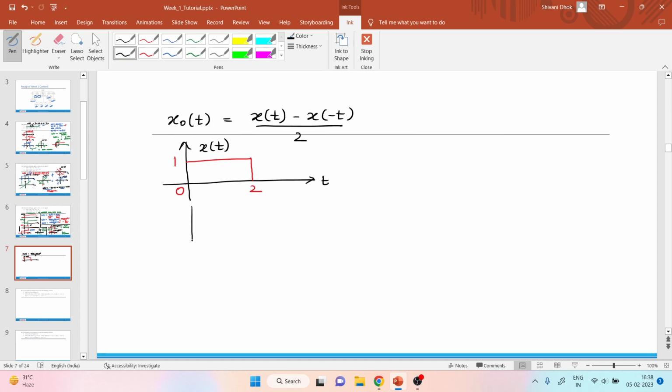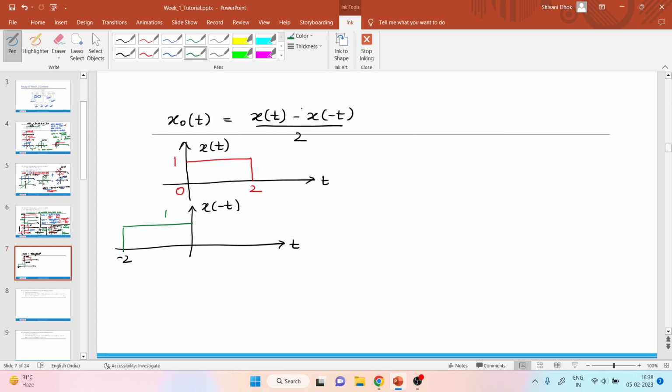And we need to find x of minus t. So whatever was present at 2 will now be available at minus 2. So it will be like this. So this is your x of minus t.